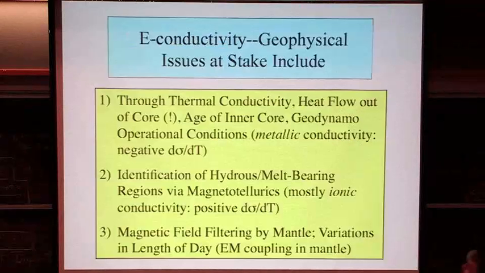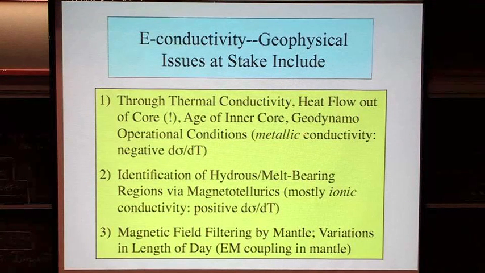Okay, I'll close by talking a bit about electrical conductivity. And there's a lot of issues that stem very strongly from electrical conductivity, because there's a relationship, which I'll show in a minute, between electrical conductivity and thermal conductivity. Our knowledge of electrical conductivity fundamentally impacts our understanding of the heat flow out of the core, the age of the inner core, and geodynamo operational conditions.